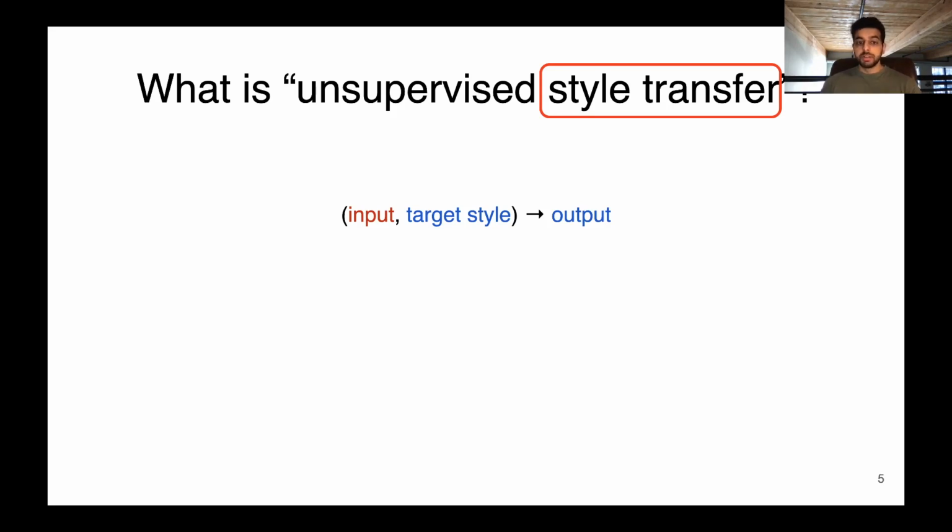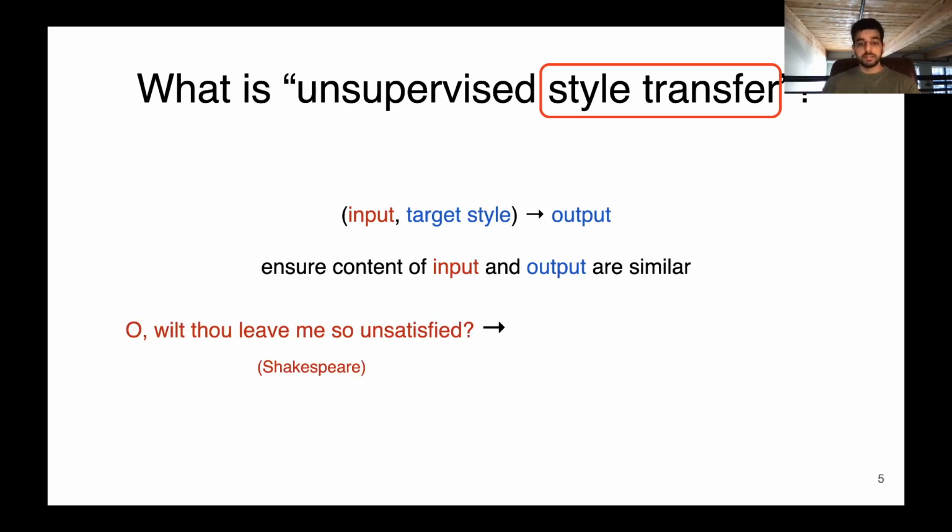And we produce an output sentence which preserves the meaning of the input approximately, but also has stylistic attributes that are relevant to the target style. So our goals are the input and output should semantically be very similar. They should be approximately paraphrases of each other.